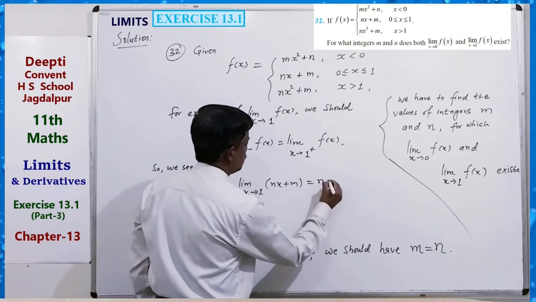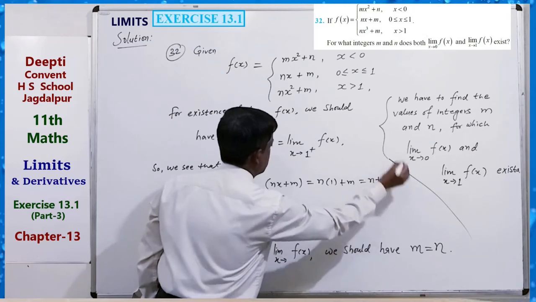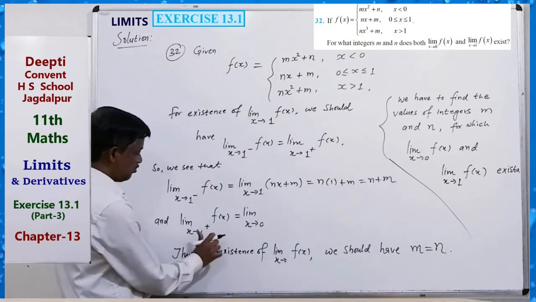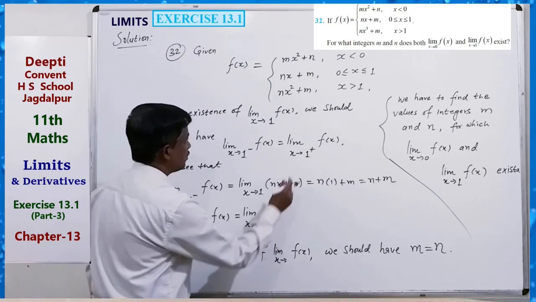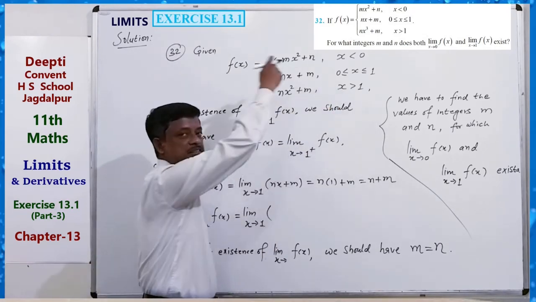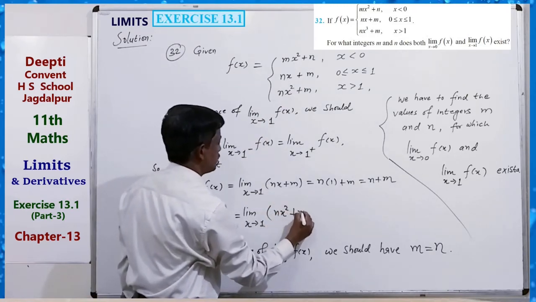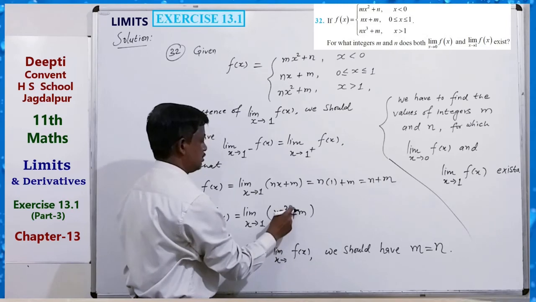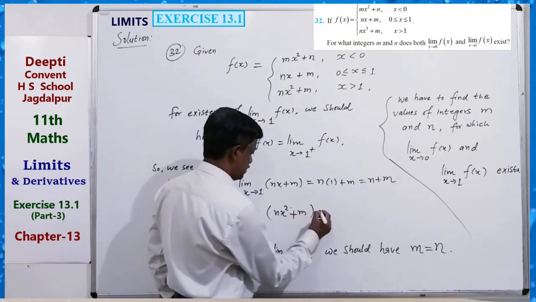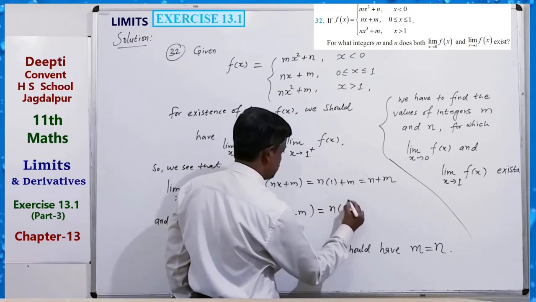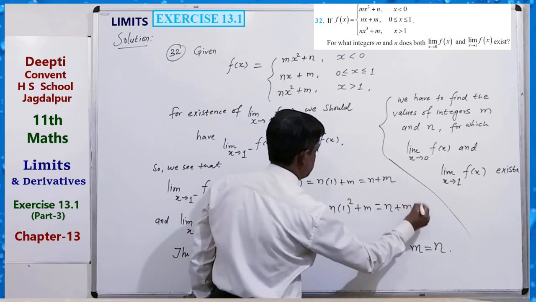This is equal to n into 1 plus m, that is n plus m. Similarly, the right hand limit at 1, from the right hand side, is nx square plus n, so n into 1 square plus m equals n plus m.